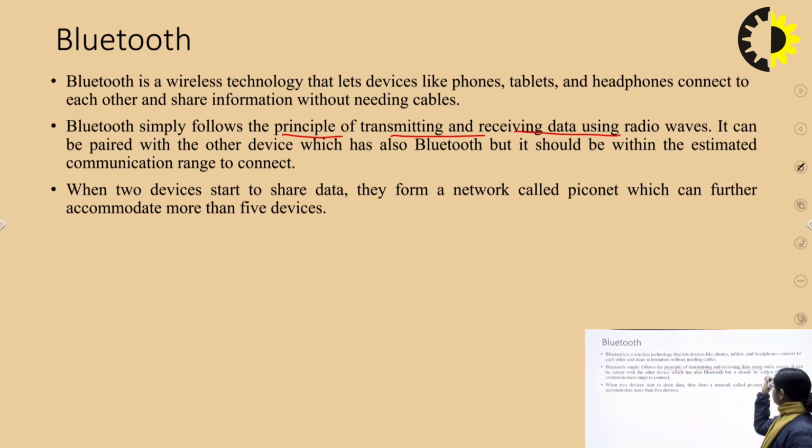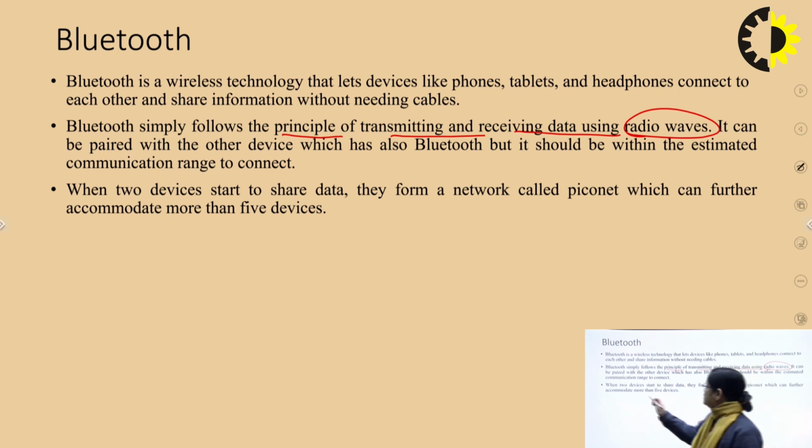With the help of radio waves, we can pair a device with other devices which also have Bluetooth. For example, my phone has Bluetooth, and another speaker, tablet or handphone also has Bluetooth. These can be connected by radio waves. As soon as two devices are paired, they can communicate with each other, but that should be in a specific range.